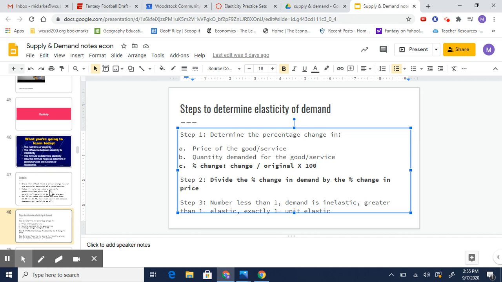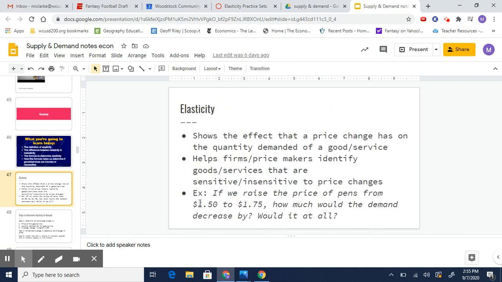So let me show you what I'm talking about here. If you wanted to find the percentage change in the price of pens, let me ask you right now, how much did the price of pens increase by? Well, the price of pens increased by 25 cents. So you would take 0.25 and divide it by the original price of the pen. So what's the original price? $1.50.